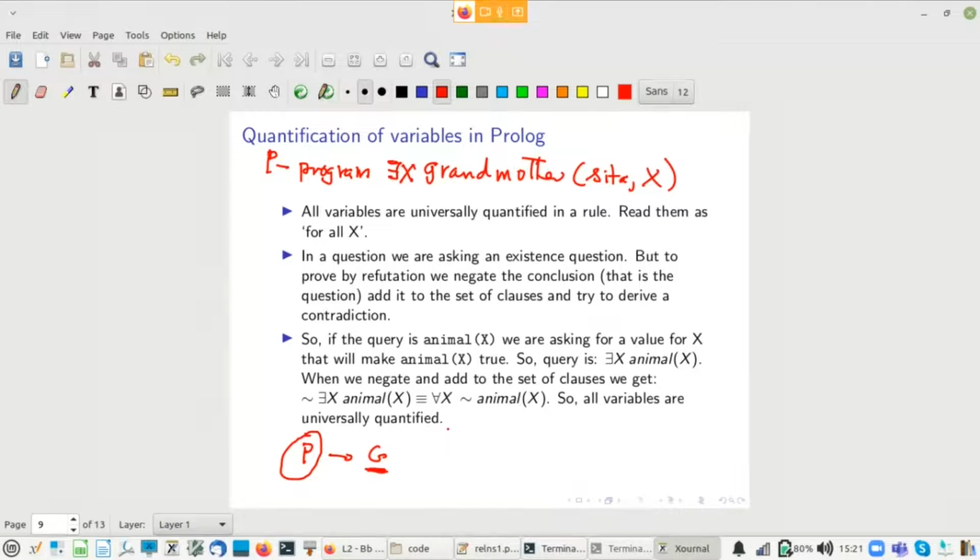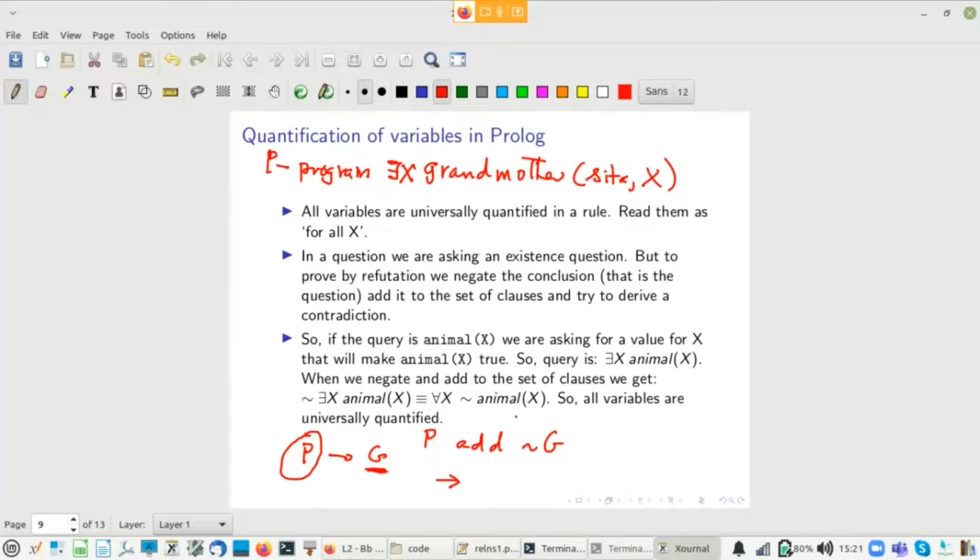So one way to do that is the following. You take P, you add to it the negation of the goal. If indeed G follows from P, then if you add the negation of that, essentially what you are saying is your whole thing, P plus not G, is a contradiction, right? So what you are doing is a proof by contradiction.